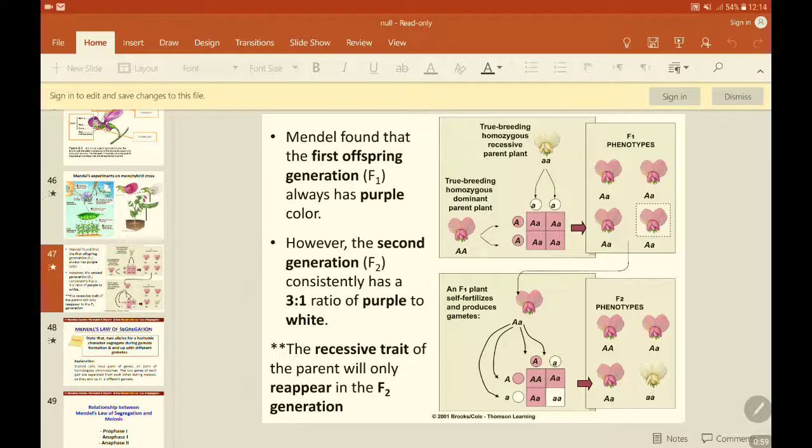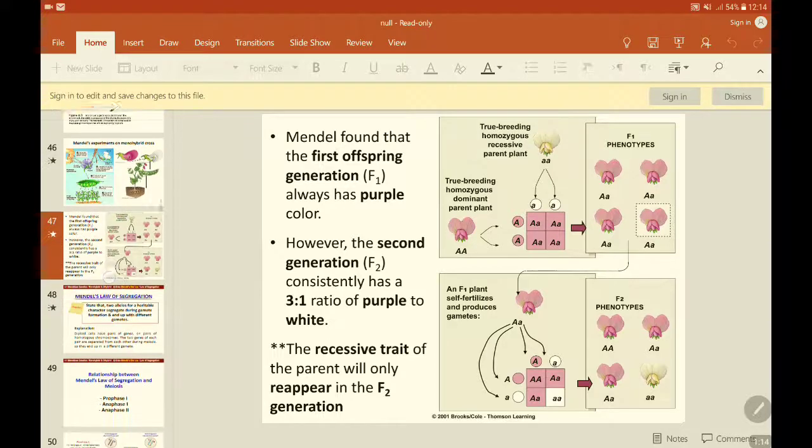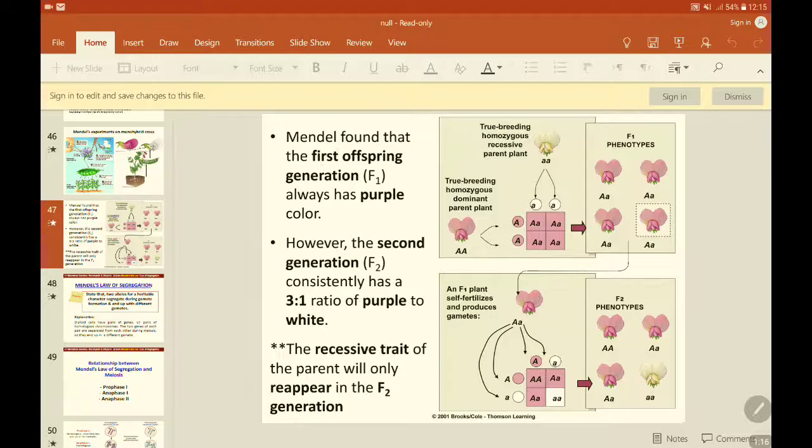But when he crossed the purple flower with the purple flower from the first generation, he found that there is a ratio of 3 purple flowers to 1 white flower in the second generation. So this made him wonder, why does the white color appear in the second generation since he only crossed purple and purple in the first generation?